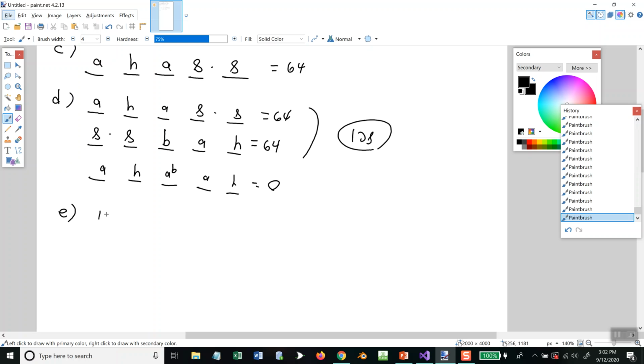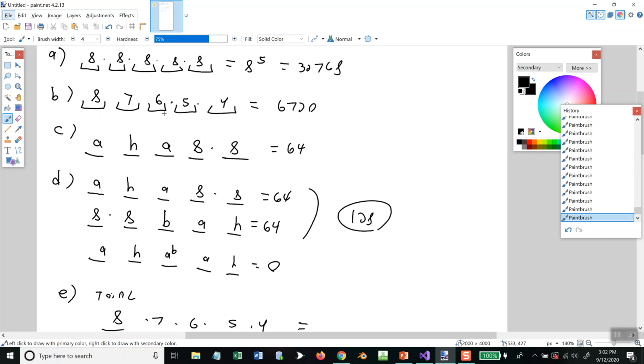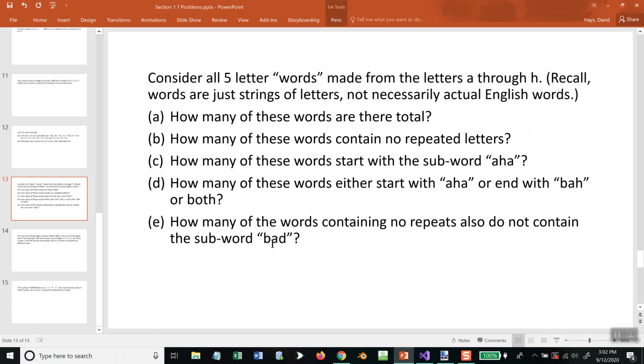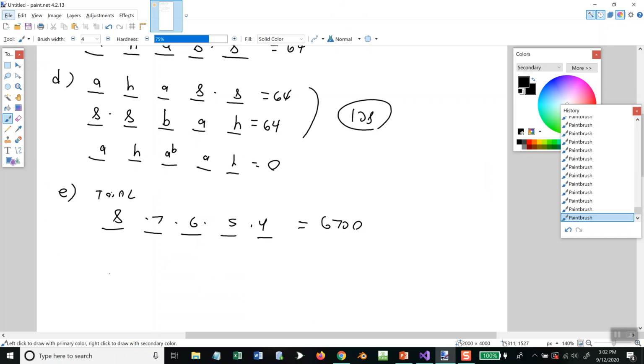First, my grand total, which I saw up above: no repeats means I could have 8, 7, 6, 5, 4 multiplied together. That is just from B. So 6,720. Of those then, I'm looking for the ones that contain bad.